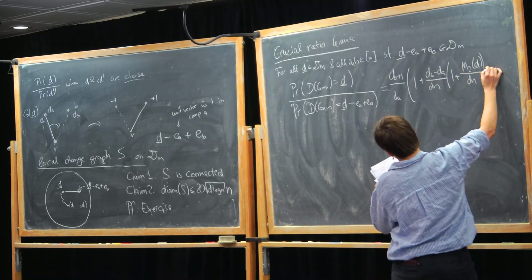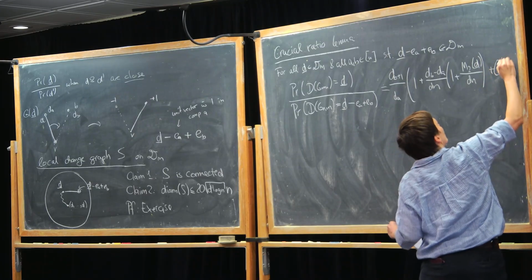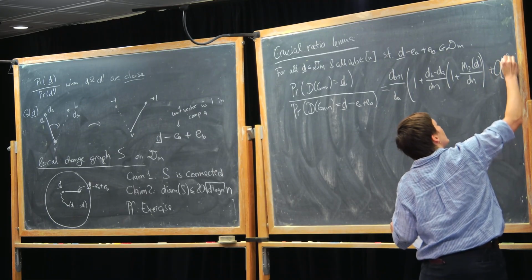And the point is that here we get a plus big O of D squared over N squared.